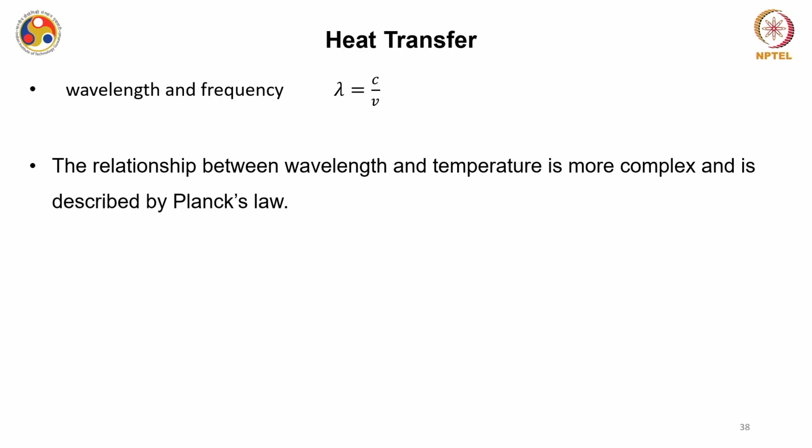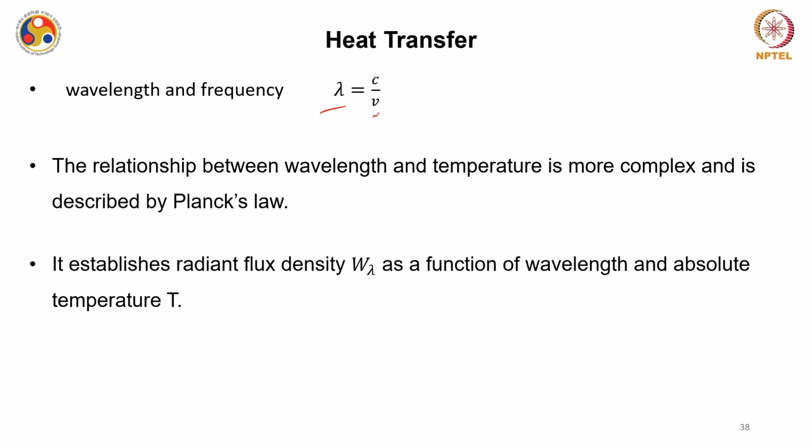We also know that since this is electromagnetic radiation, it will follow the law lambda equals c by frequency, right? Although this relationship between wavelength and frequency is not very complex, the relationship between wavelength and temperature is very complex and is described by Planck's law.